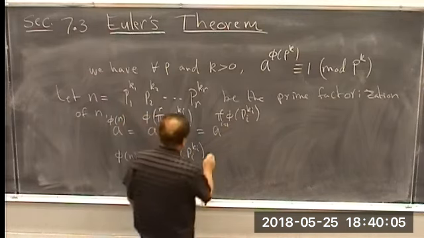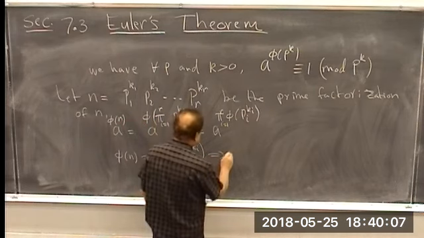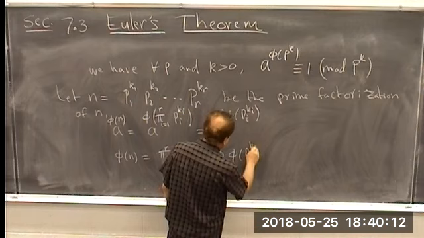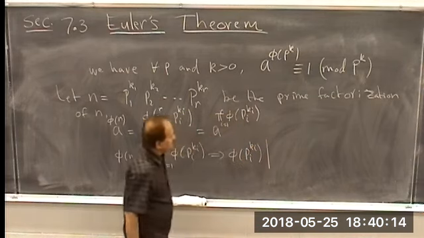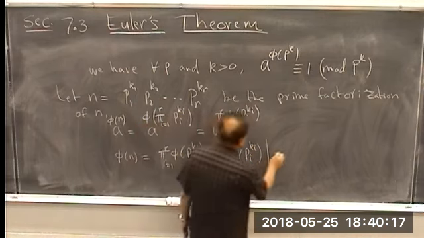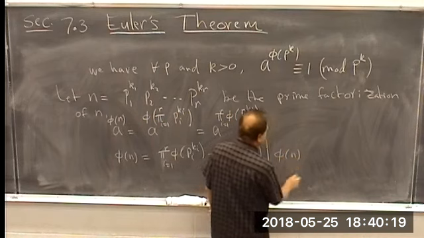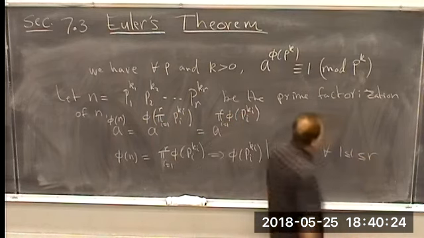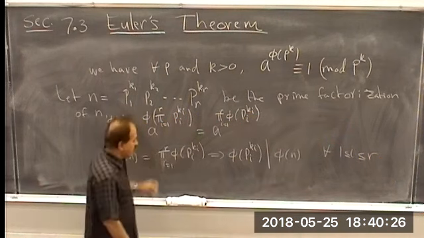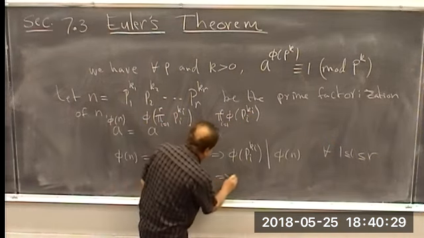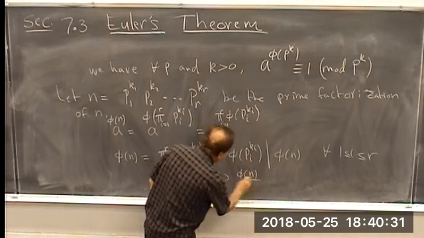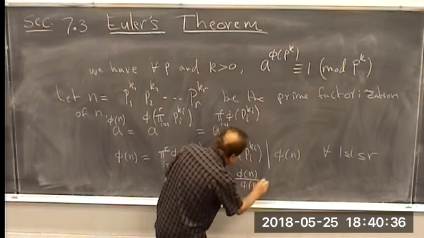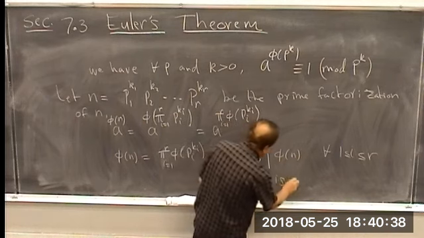This implies that phi of p_i^k_i divides phi of n for every i between 1 and r. So what does this mean? This implies that phi of n over phi of p_i^k_i is an integer.